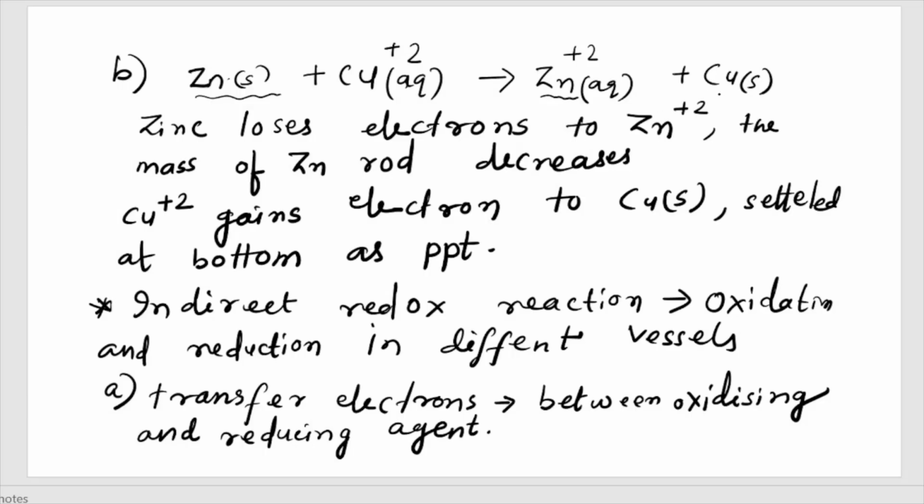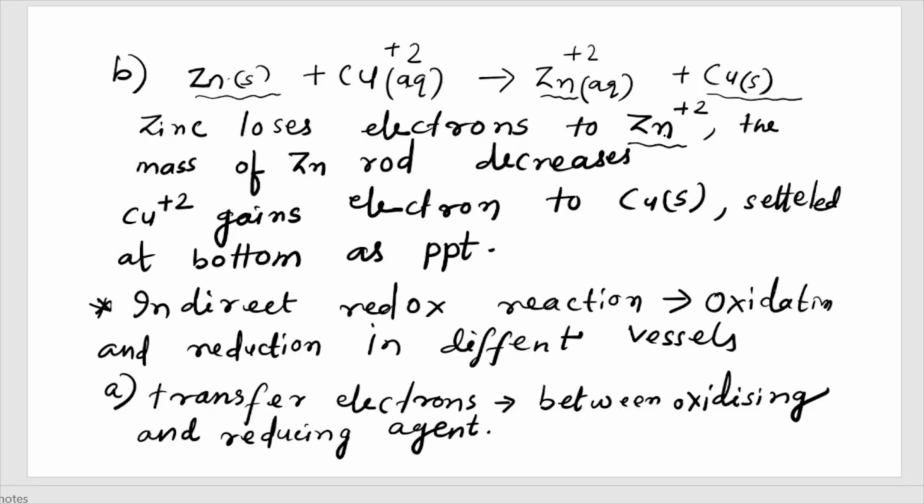Now after some time what happened? Zinc solid changes to zinc ions. This is the chemical reaction. Here zinc loses electrons and changes to Zn2+, because when zinc loses 2 electrons it changes to Zn2+, and the mass of the zinc rod decreases.